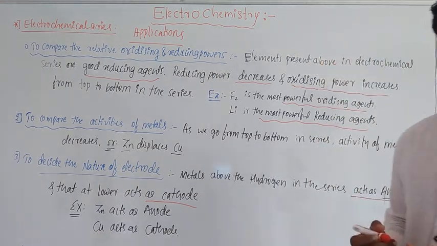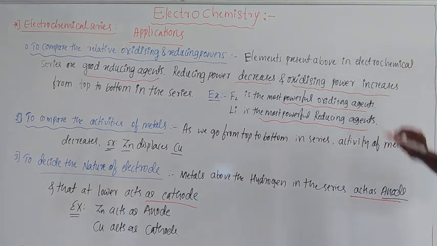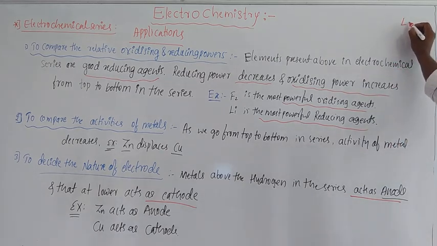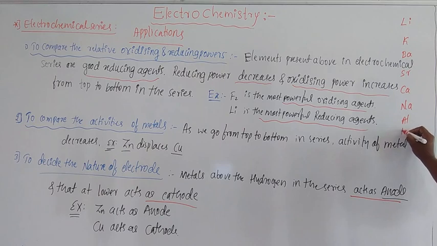Student, here I am going to write some of the electrochemical series. You can observe here: lithium, potassium, barium, strontium, and zinc, iron, and hydrogen.